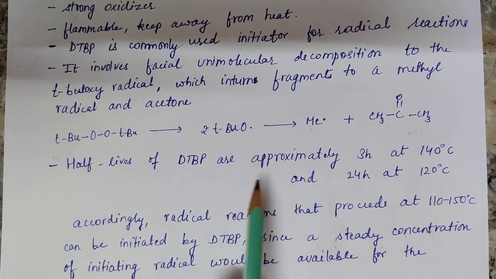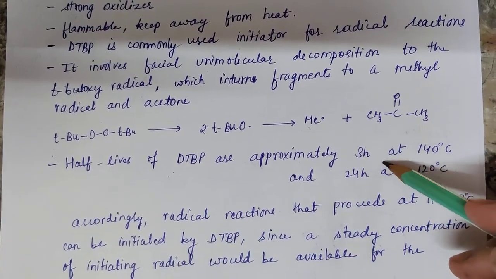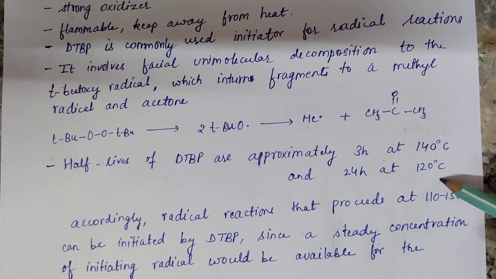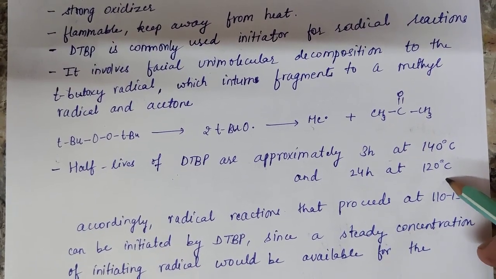Half-life of DTBP is approximately 3 hours at 140 degrees Celsius and 24 hours at 120 degrees Celsius.